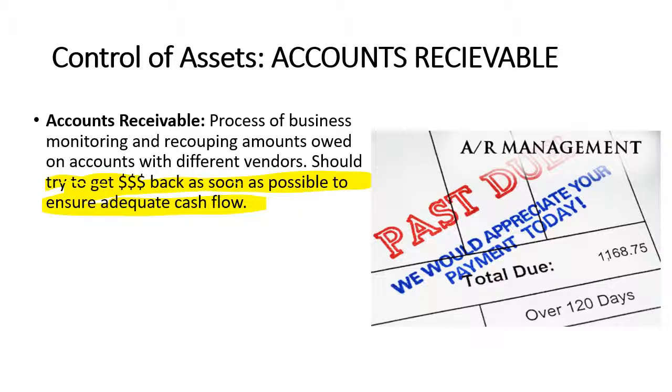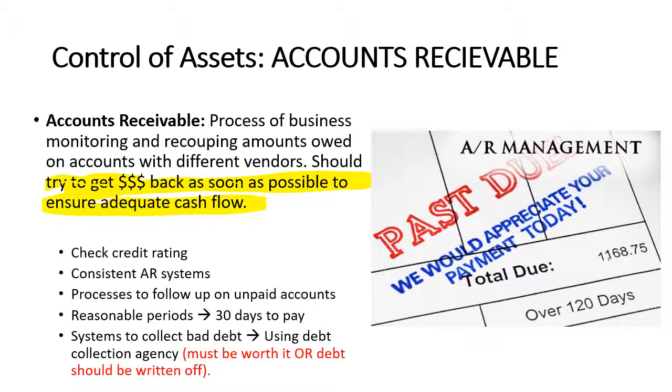Their goal is to wait as long as possible to improve their cash flow and their liquidity. So we have systems in place to try to ensure that accounts receivable gets paid back.